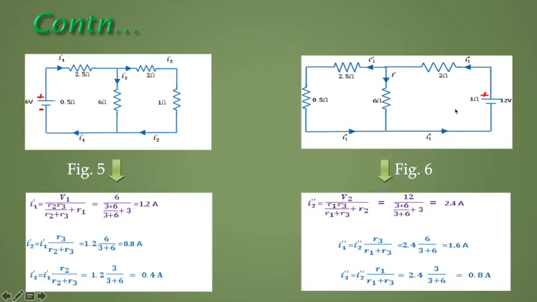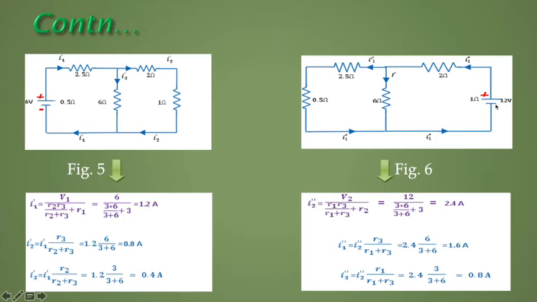Now eliminate the 6 volt source and replace it by its 0.5 ohm internal resistance. Let us consider the currents through the resistors as I1 double dash, I2 double dash and I3 double dash respectively in this figure.